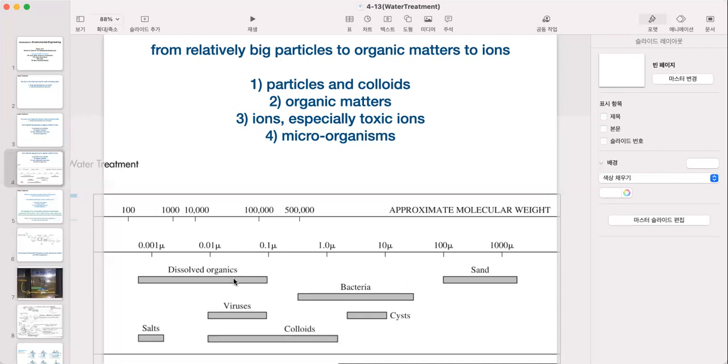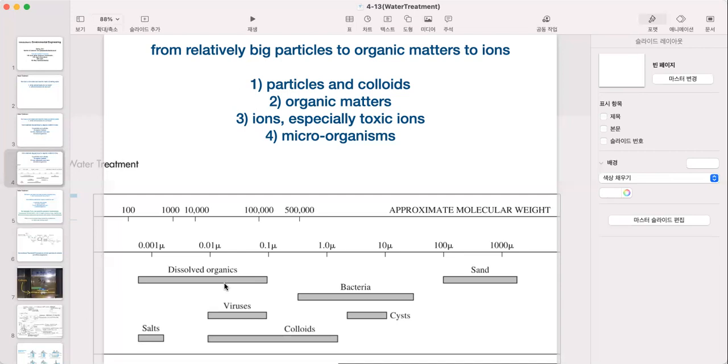And organic matter, as I already mentioned, is itself not toxic. So we can eat and drink it without any treatment. But when it reacts with disinfectant, the chemical of disinfection, it can sometimes produce a toxic material.